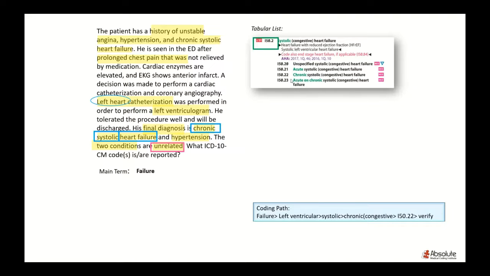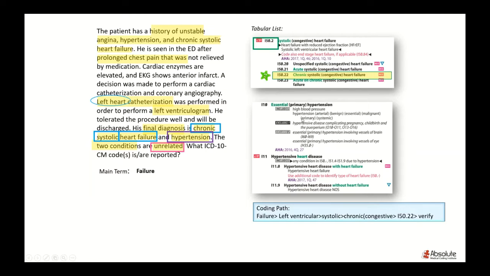Haji, good. So now we're here. Pick out that I50.22. Now that's 5 digits, right? And this is going to be your code because this is for chronic systolic congestive heart failure. The next thing we're going to have to code is, of course, remember your hypertension. If you memorized it, it's your I10. That's going to be your second code, because this heart failure is a little bit more complex and should be coded first, and then your hypertension.